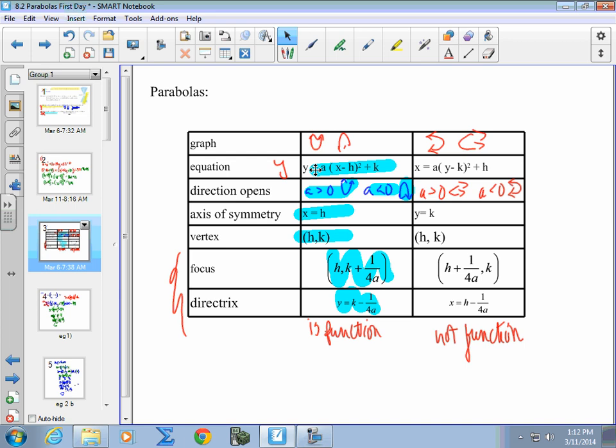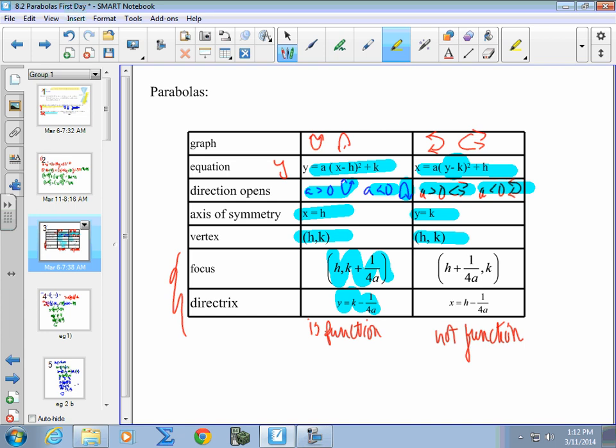But like I said, most of the problems that I picked out on tonight's homework are parabolas that face left or right. They're in the form x equals a times (y minus k) squared plus h. When a is a positive number, they face right. If a is a negative number, they face left. For the axis of symmetry, look inside the parentheses, and you will find the axis of symmetry is y equals k. The vertex, though, is a little tricky because it remains (h, k). The formulas for the focus and the directrix are up here as well.